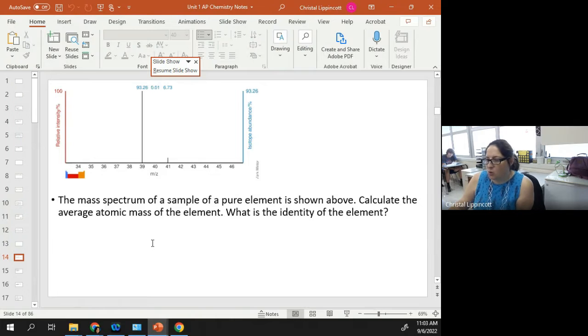So we need to calculate this and then determine what element it is. Okay, and I think they've shown you how to do that in your packet. They've given you kind of a start on that. Now we need to figure out and do some calculations, okay?